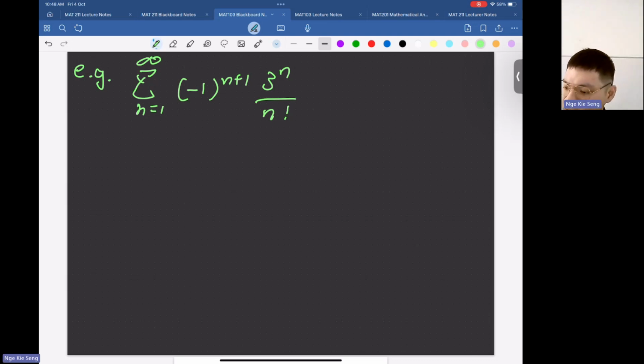So let's check using the ratio test. What do you need to do for the ratio test? What's your an here? Is it 3n over n factorial or not? Do you need the alternating sign or not?